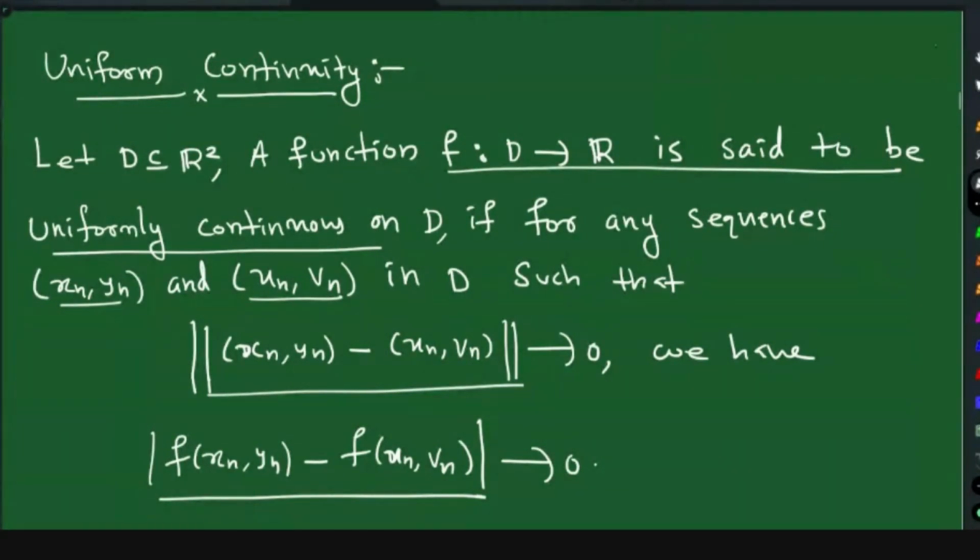If you can prove this, then we can conclude f is uniformly continuous on the given domain.